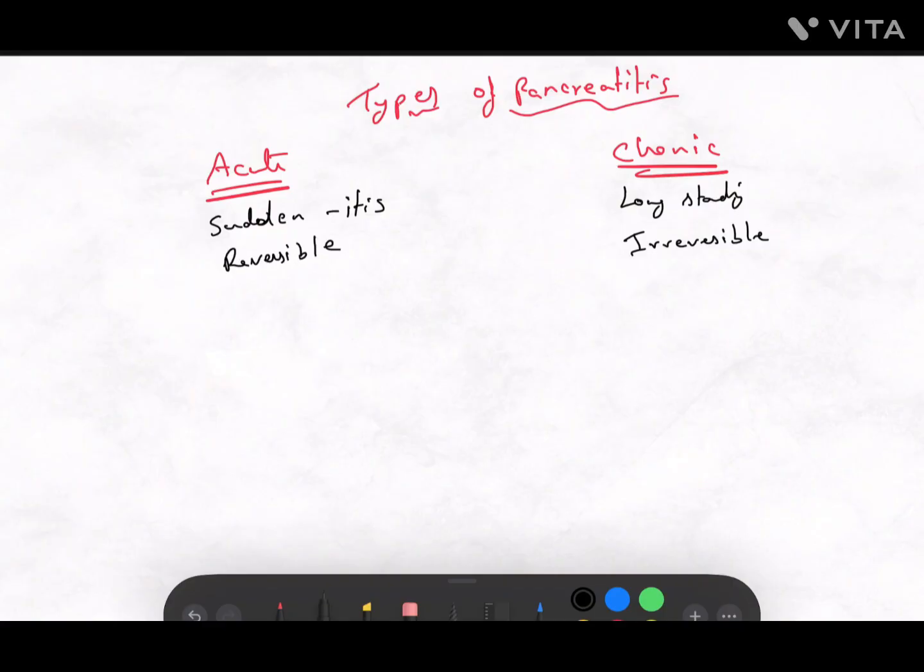The onset of acute pancreatitis is sudden. Chronic pancreatitis is gradual and progressive. In acute pancreatitis, the main causes are gallstones and alcohol.